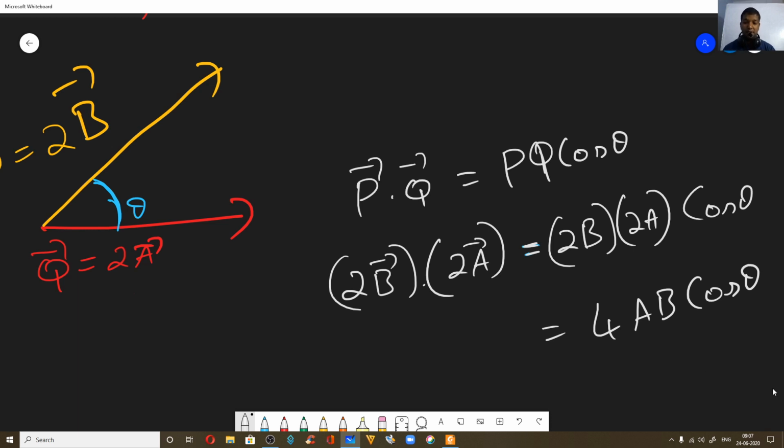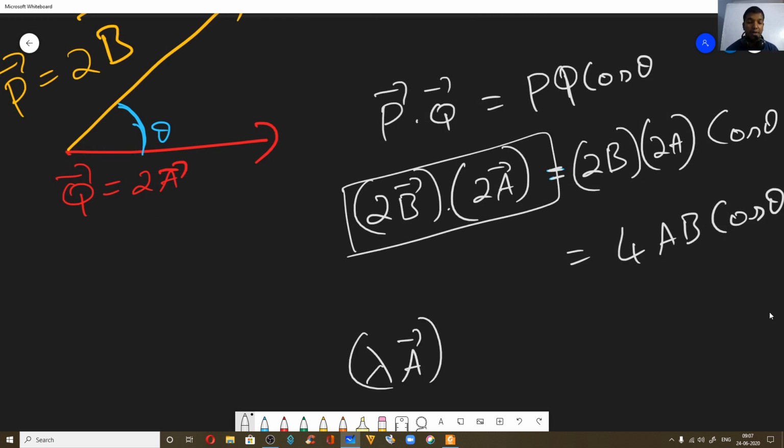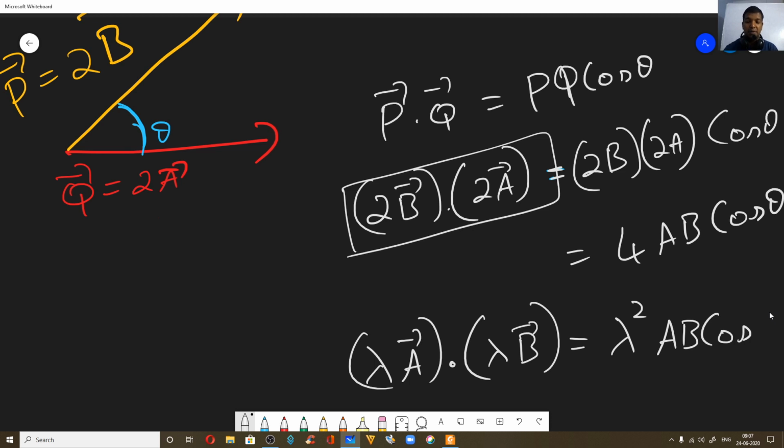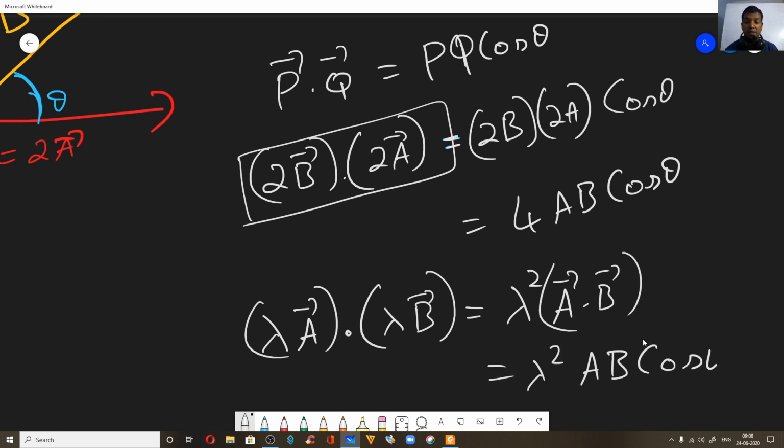So finally, if you take the dot product of vector lambda a with another vector lambda b, you will get lambda square ab cos theta, 2 square is 4. Or you can simply write lambda square a dot b, that is lambda square ab cos theta.